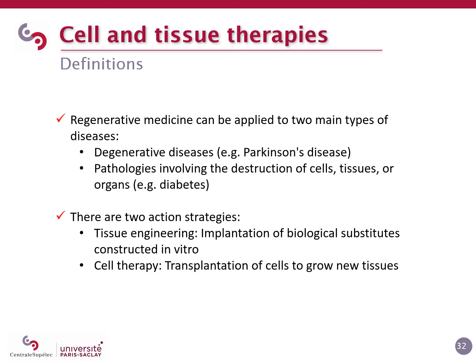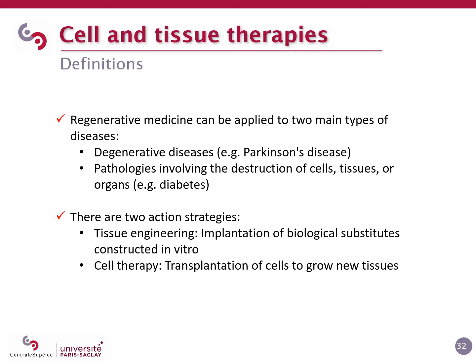Regenerative medicine can be applied to two main types of disease, either degenerative diseases, for example Parkinson's disease, or pathologies involving the destruction of cells, tissues, or organs, for example diabetes.